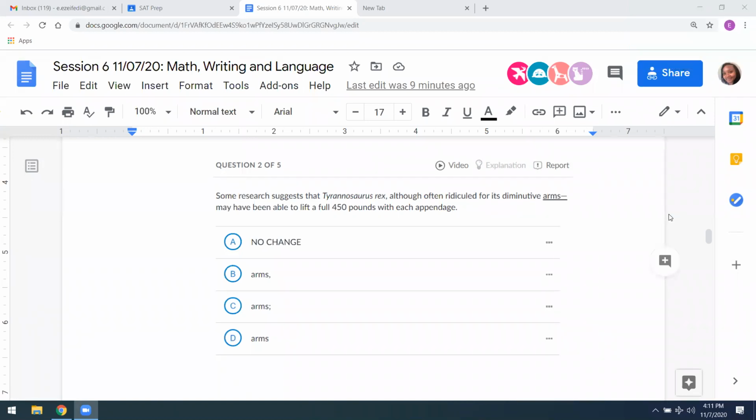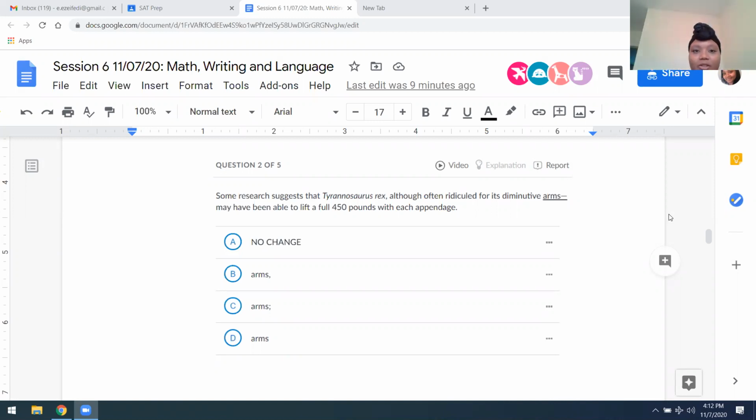Some researchers suggest that the Tyrannosaurus rex, although often ridiculed for its diminutive arms, may have been able to lift 450 pounds with each appendage. Thank you.